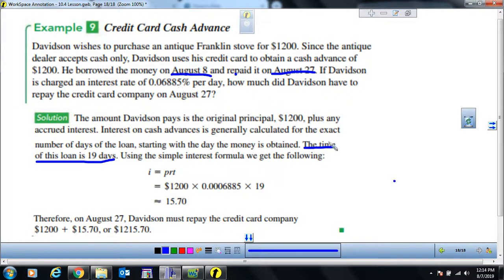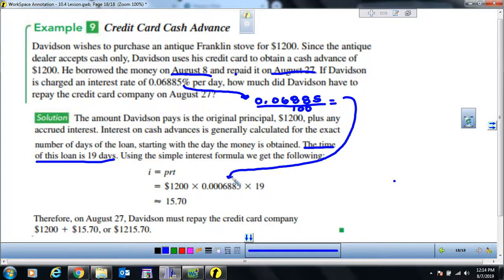So just remember that if this number has a percent symbol, even though it looks like a decimal, you have to divide it by 100. So when you divide this by 100, that's this number here, times the time being 19 days.